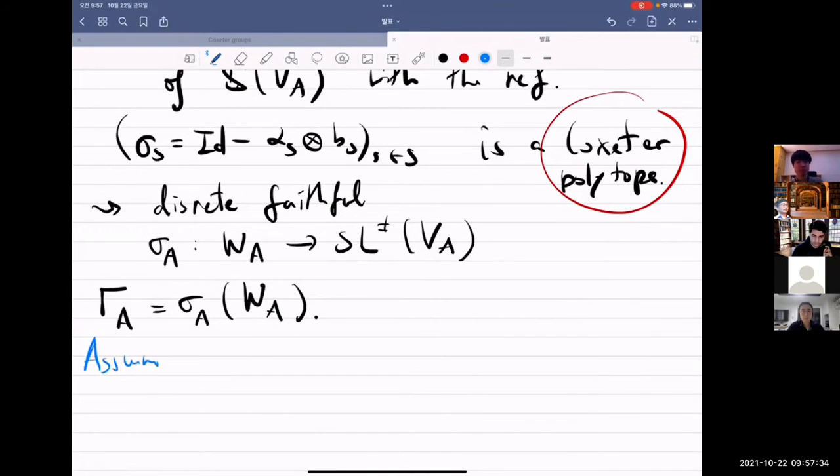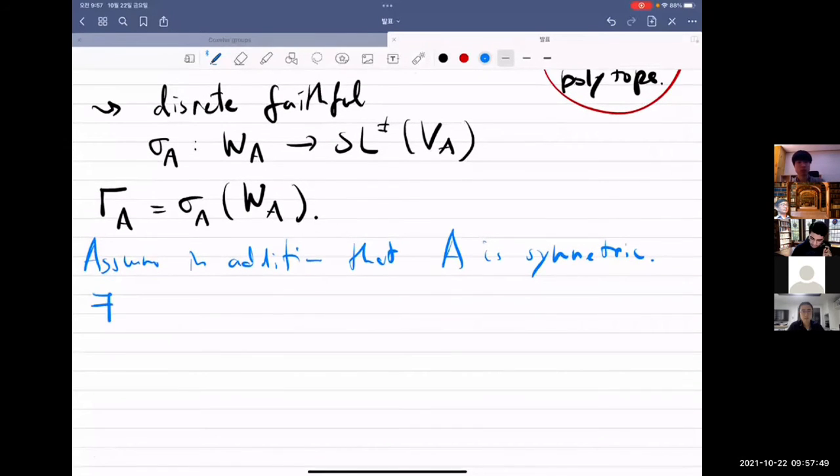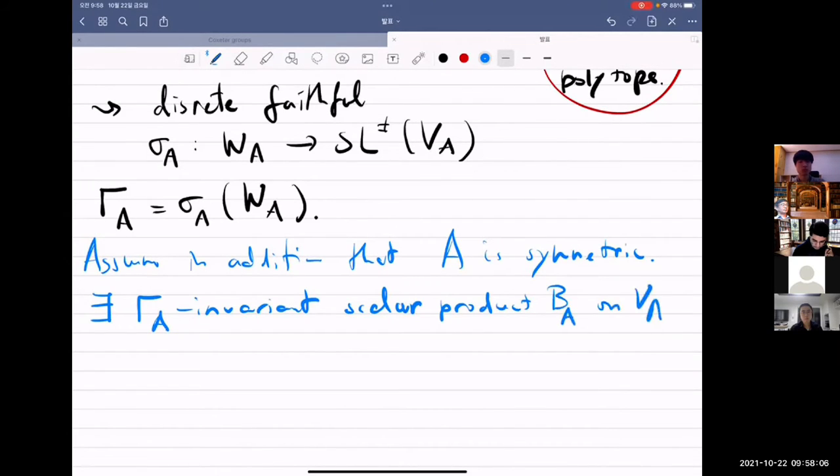Assume in addition that A is symmetric. Okay. But then in this case, there exists a gamma A invariant scalar product. So let's denote by BA on VA, such that BA of BS, BT is exactly A of S,T.